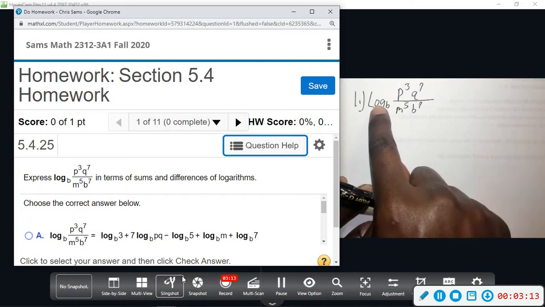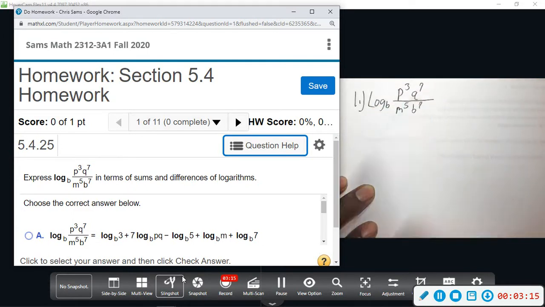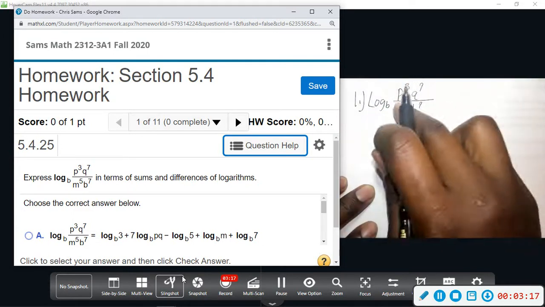So first I'm going to write these two, and then I'm going to write minus and then these two.